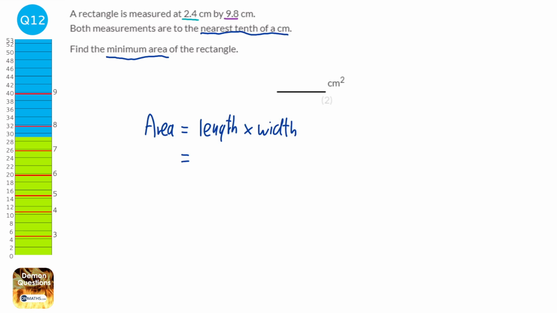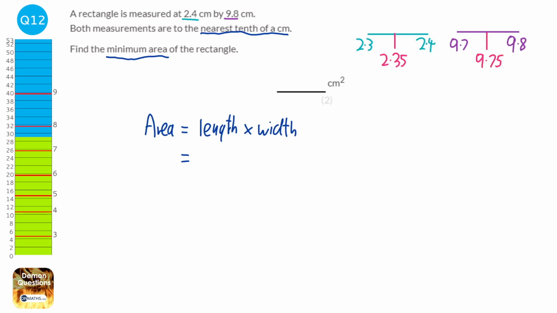So we can do some quick number lines here to find what the minimum would be for both of these. So for 2.4, the next number down would be 2.3, and we just find the halfway point. Halfway point would be 2.35, and similarly with 9.8, next one down would be 9.7, the halfway point would be 9.75.